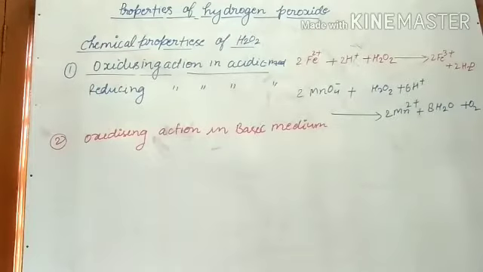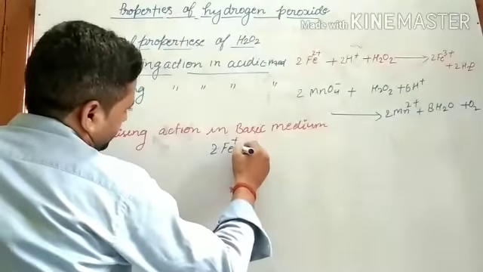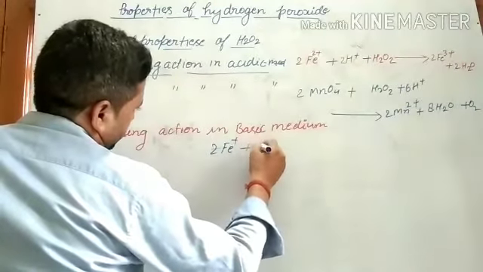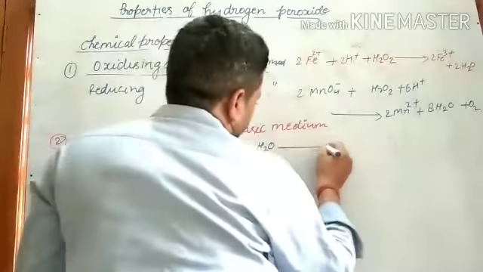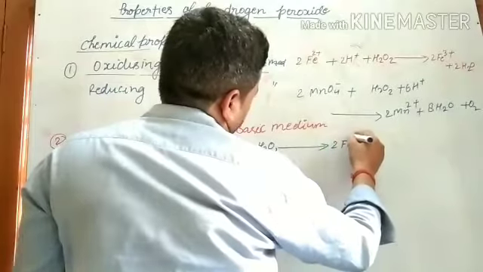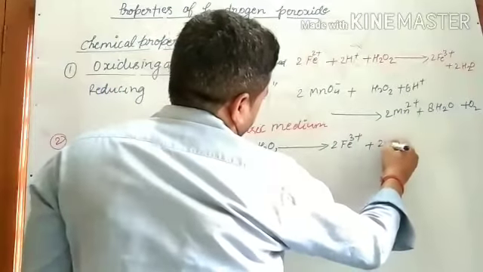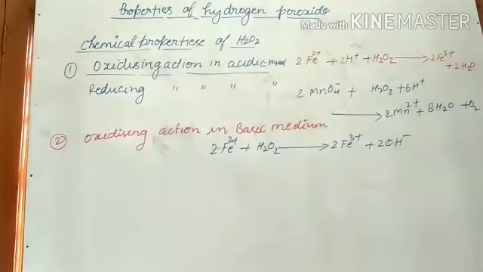So let us write 2Fe2+ plus H2O2 gives out 2Fe3+ plus 2OH-. So here it acts as an oxidizing agent in basic medium.